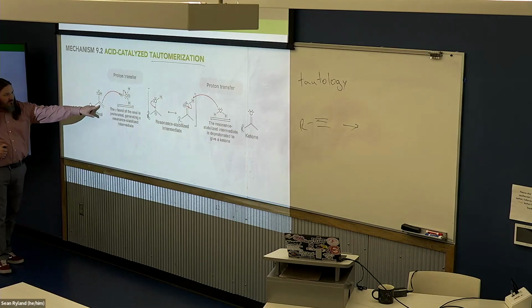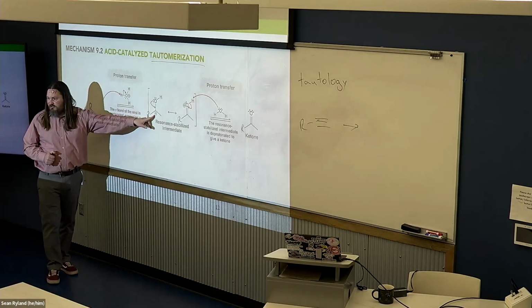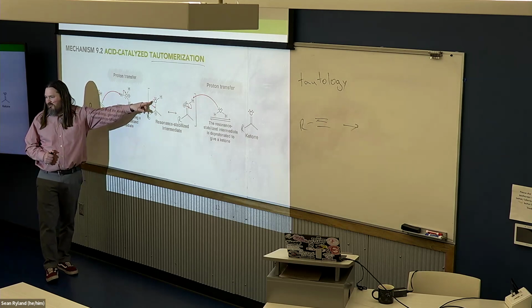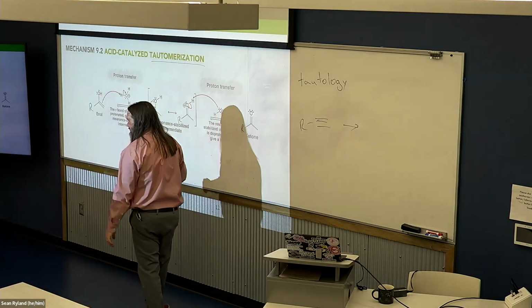So, proton transfer. We break the alkene and make a carbocation, just like we've seen before. But because it's a carbocation next to an oxygen with a lone pair, it has this resonance structure that makes it pretty stable.